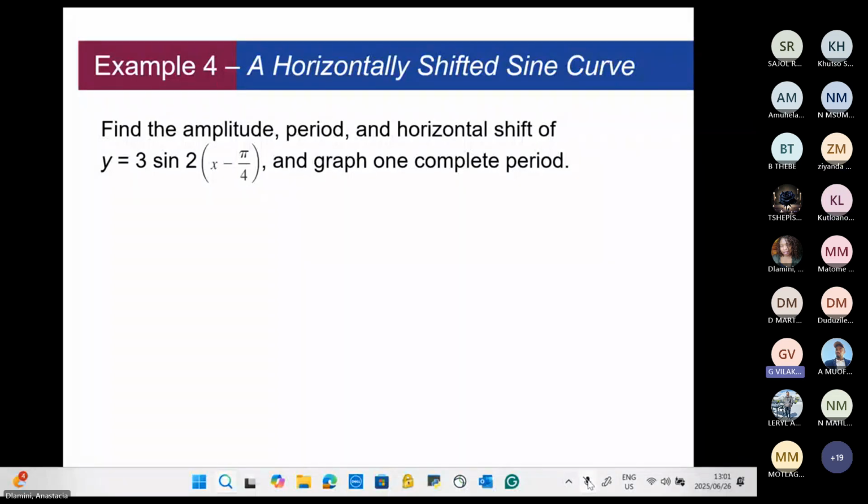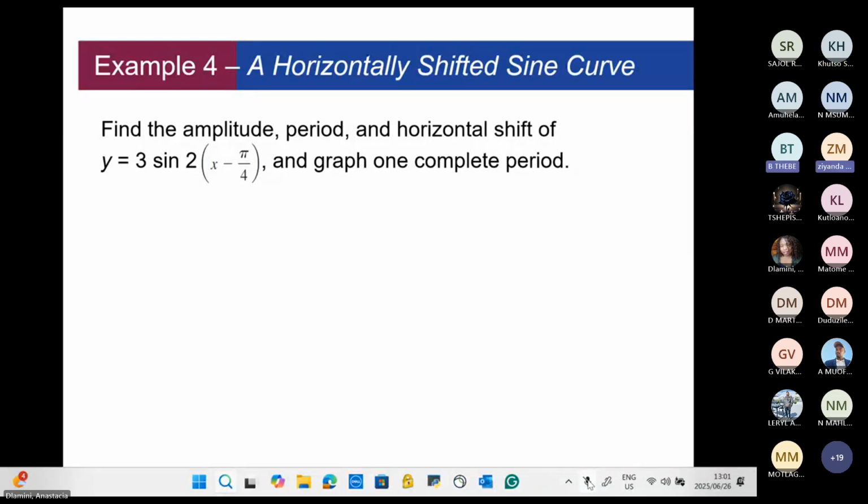You're going to write that formula that was written down, and then you're going to write what's in the bracket. Wait, excuse me, it's a mistake: 2 pi over k. That's how you find your period.